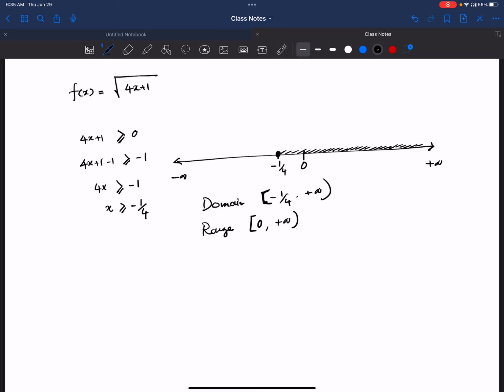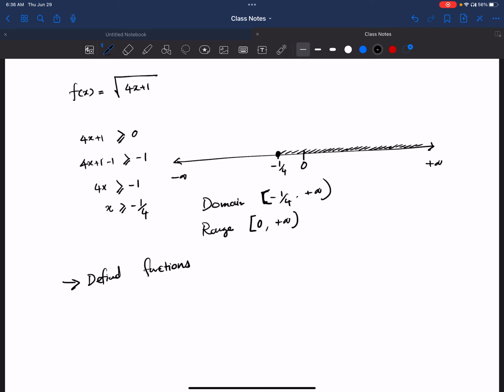I hope you understand what functions are. We defined functions: functions are relations that map each element in the domain to a unique element in the range or the codomain.